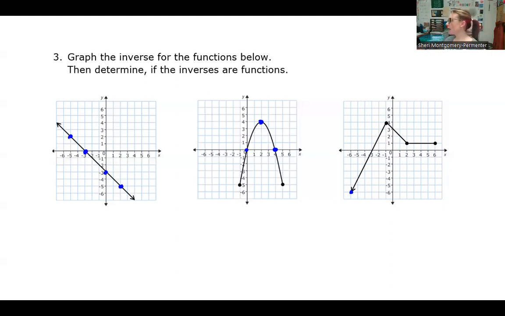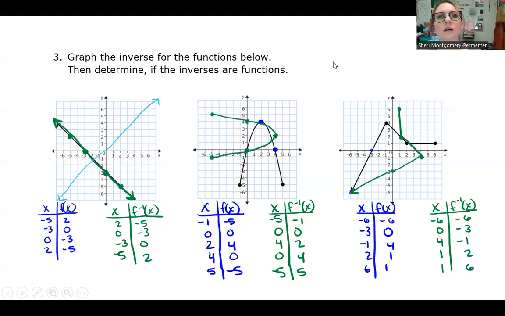So the first graph. Were you guys stressing out with the first graph? It was kind of weird, right? But if you reflect it over that line, I'm going to go to mine, which are, y'all did great.